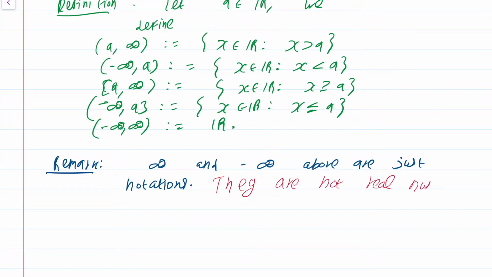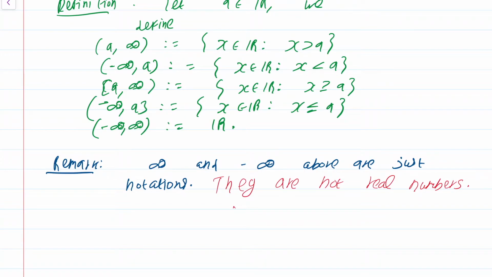In particular, it doesn't make sense in this course to talk about the set minus infinity A, for instance. That simply doesn't make sense. They are just symbols. And it doesn't make sense to ask what is infinity minus infinity or what is infinity by infinity, because we are not treating them as real numbers. They are just a convenient notation that will enable us to talk more freely about infinite limits.